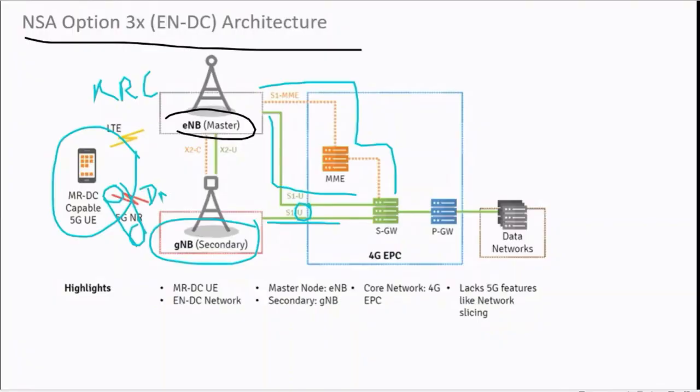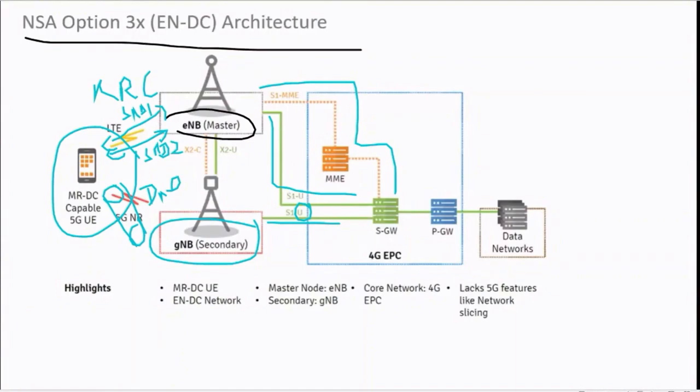You have heard of terms like SRB, SRB1, SRB2, right? SRB1 and SRB2 are only between LTE and the UE, not between 5G and the UE. Okay, let me write it here. SRB1. Second thing is SRB2.